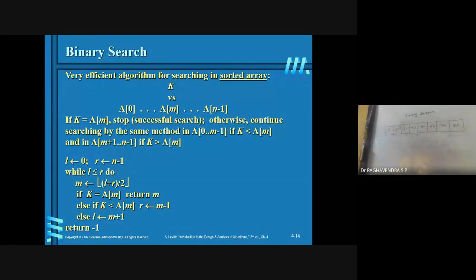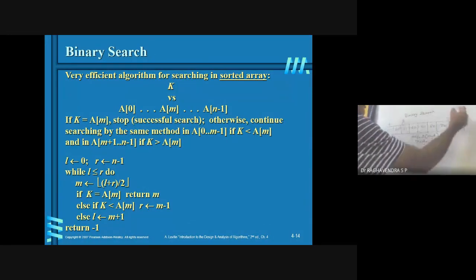Okay. So now we are going to take mid. A of mid, this is array A. So mid will be calculated, that is mid is equal to left plus R by 2. Here this is L and this is R. The positions can be given like 0, 1, 2, 3, 4, 5, 6, 7.